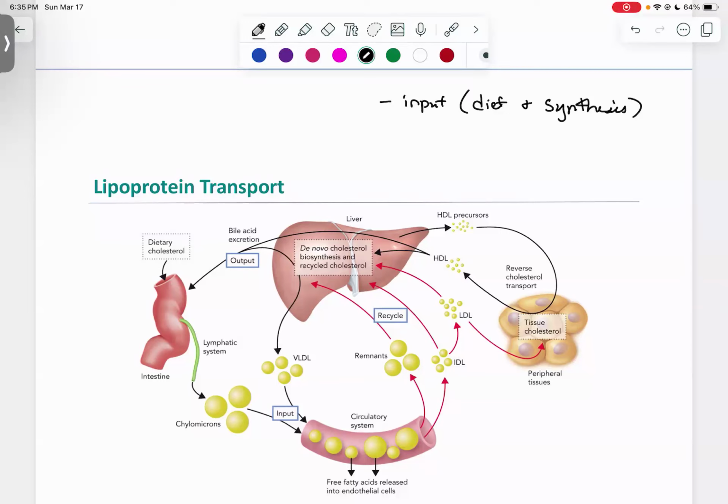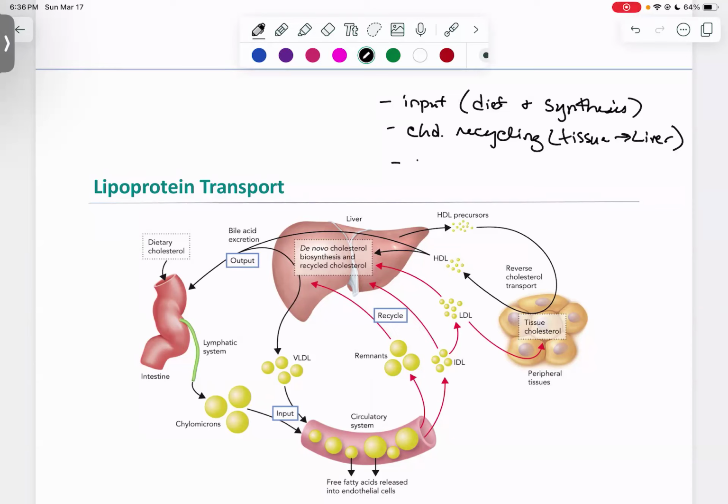It also has to be dependent upon our cholesterol recycling. Our recycling is how much is left in the tissues that comes back to the liver. So that's like our HDL particles that are doing that.